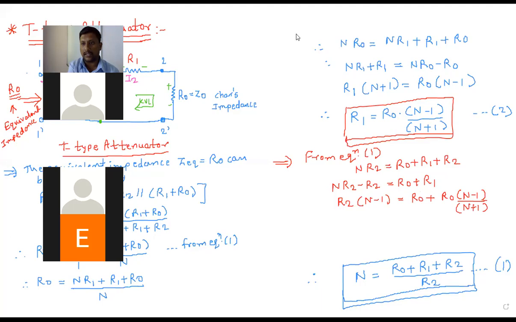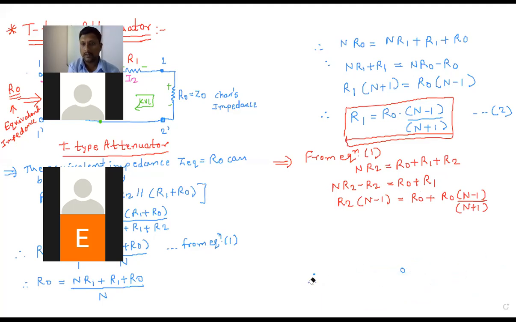Okay, आता तुम्ही कॅल्क्युलेट करा. Now calculate. R2 into n minus 1 on the left-hand side as it is. ह्याच्यातलं तुम्ही R0 पण कॉमन काढू शकता. Don't worry. So if you take R0 common, what is remaining here? 1 plus n minus 1 divided by n plus 1.